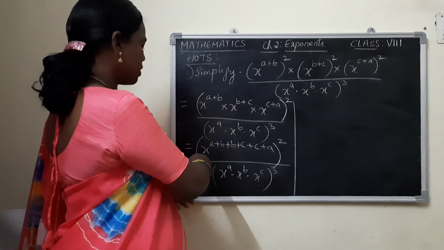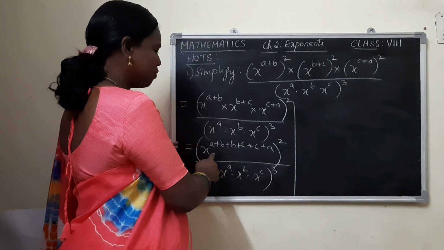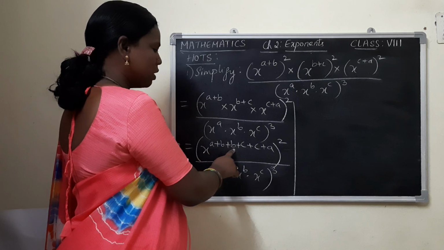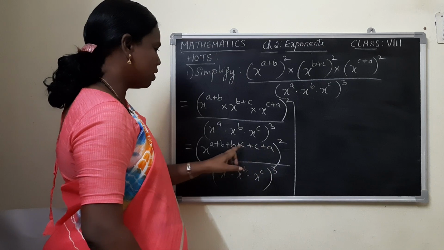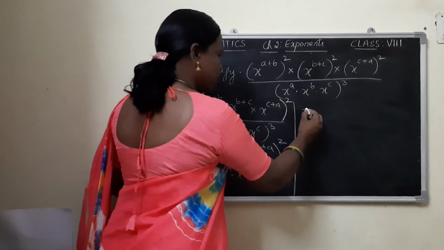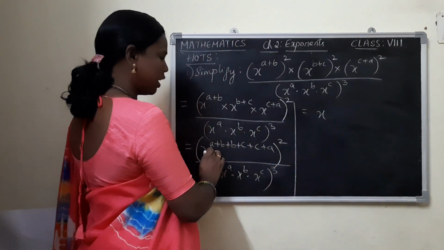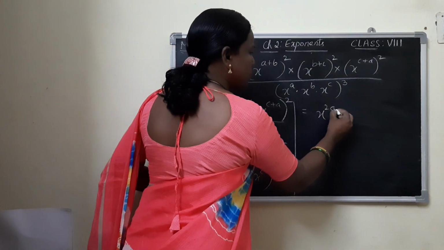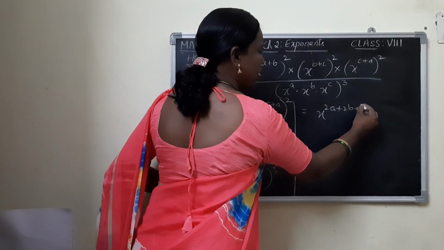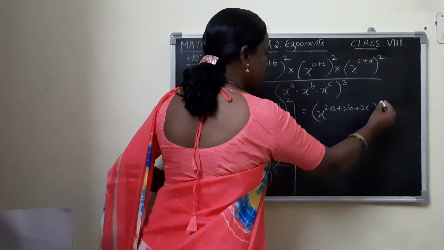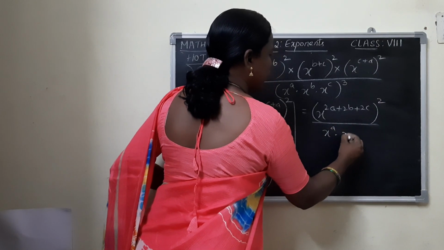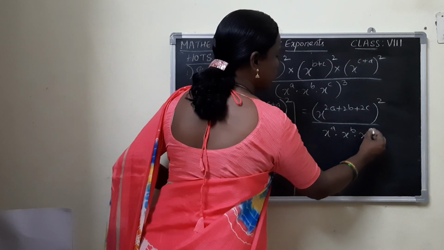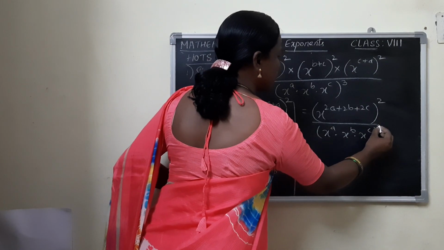Now here you can observe x to the power of a plus b plus b plus c plus c plus a. So here I can have 2 a's, 2 b's, 2 c's. So x to the power of 2a plus 2b plus 2c whole to the power of 2, divided by x power a, x power b into x power c whole to the power of 3.